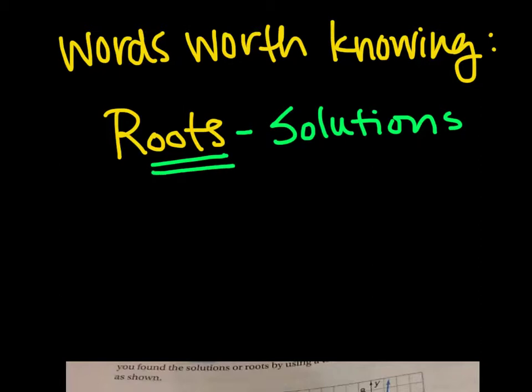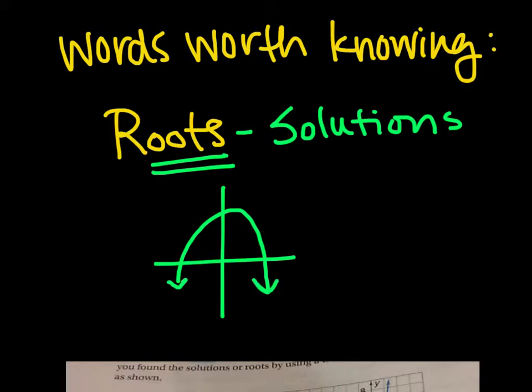So a solution to a quadratic equation is typically where our parabola, whether it's pointed up or down, crosses the x-axis. Those are our roots, and we can either have 0 of them, 1 of them, or 2 of them. There can be 0, 1, or 2 solutions, or 0, 1, or 2 roots. So those are essentially just where it crosses the x-axis.